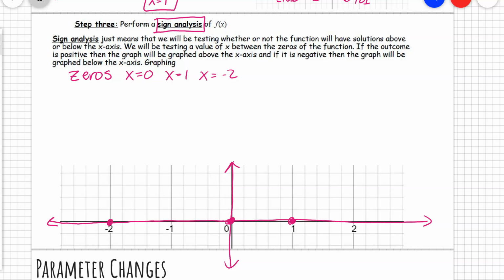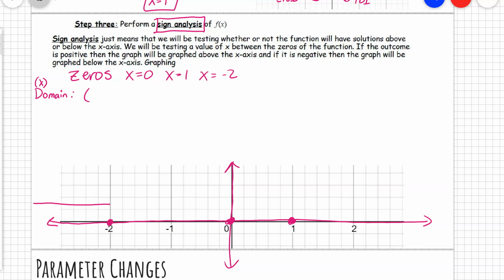And -2. Okay, the first thing that we're going to do is talk about the domain between these points. So for the first one, we have the domain, and I'm going to do this in intervals. And we're talking about domain, remember, are the x values of our graph.